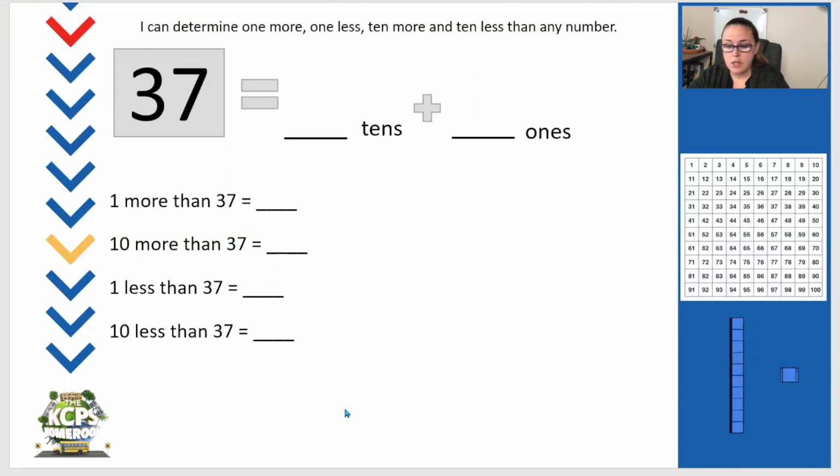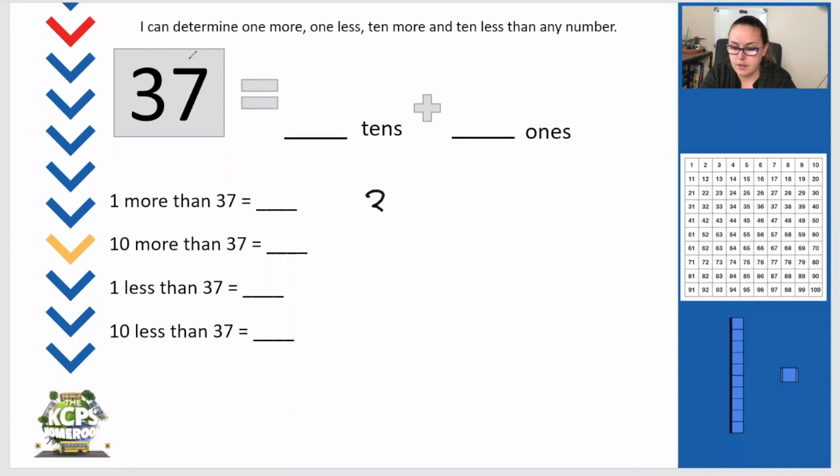Okay? So as we're determining more and less than a number, the first thing I'd like us to do on this problem is model 37 using base 10 blocks. Do you remember how to do that? Here's a quick review. So as we look at the number, we think 30 and 7. So I'm just going to write that down.